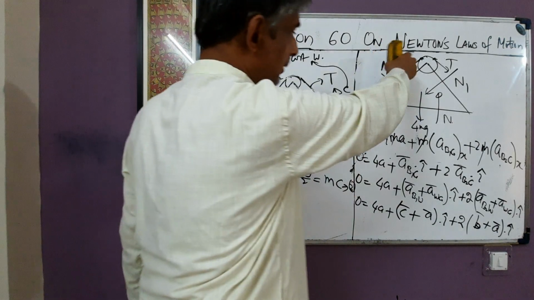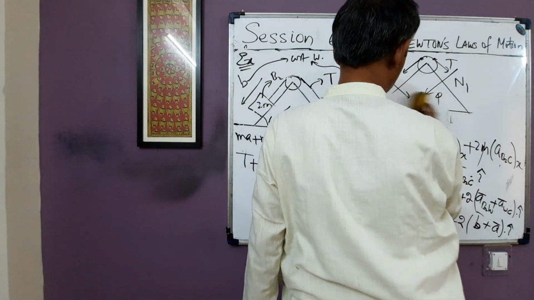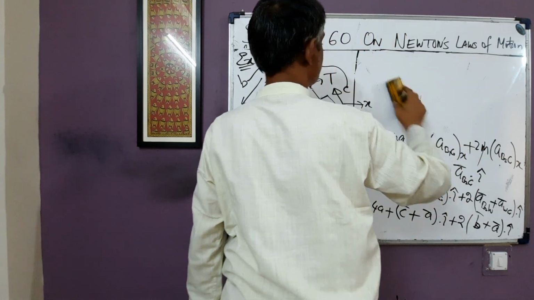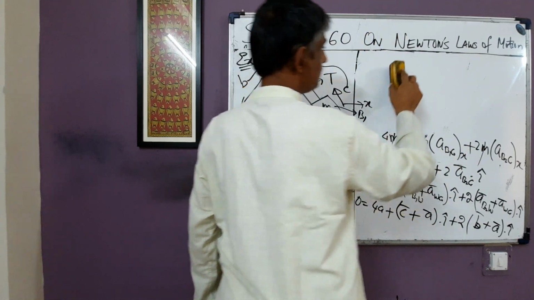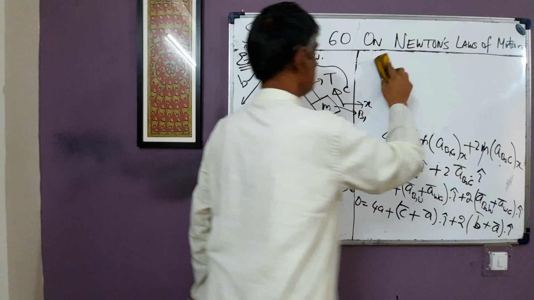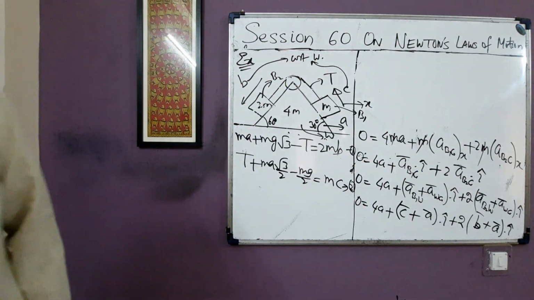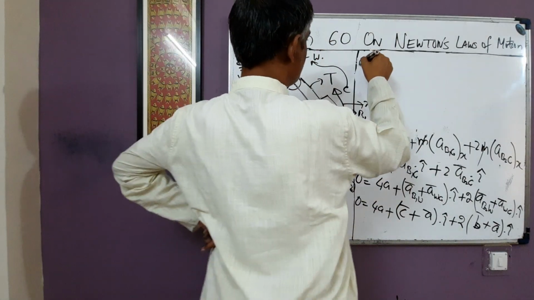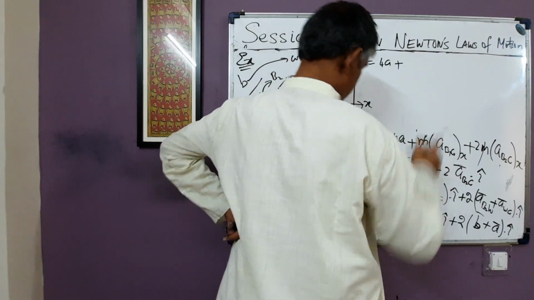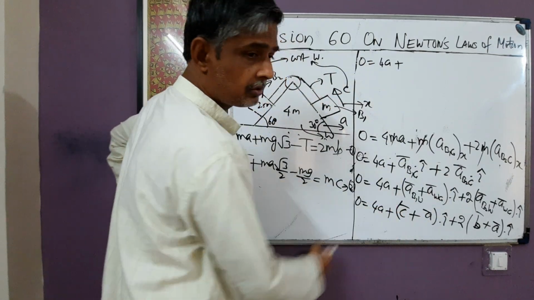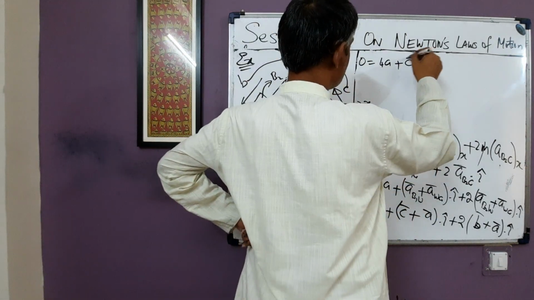Now I erase this portion, alright. Now what do you get here? See, 0 is equal to 4a plus, see this I break using the distributive law of dot product.